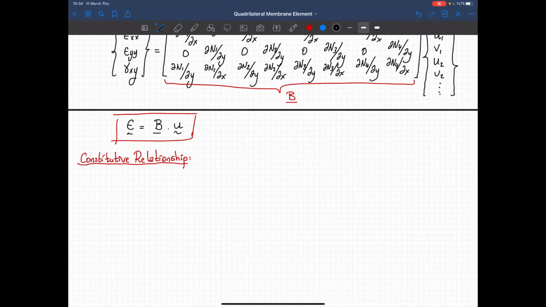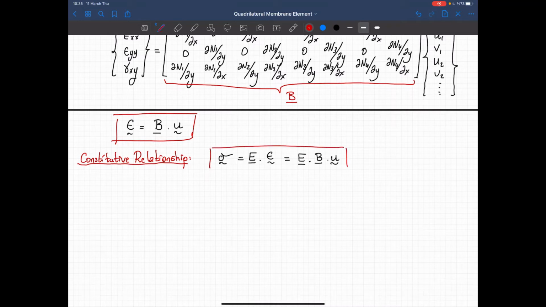I will not write it one more time, but I can just say that stress is equal to the constitutive matrix times the strains. Since we know that strain is equal to B times U, I can directly write it as the constitutive relationship multiplied with the B matrix multiplied with the nodal displacements. So we have all the relationships that we need.